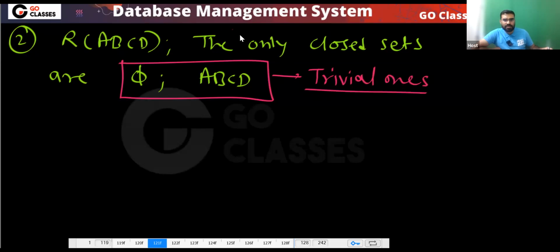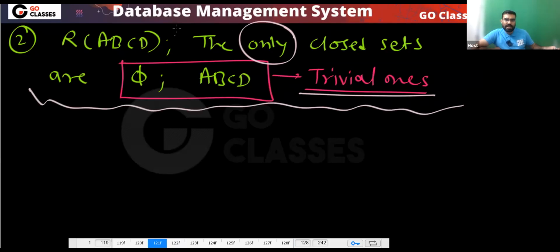We can infer something. The trivial ones will not give you any information. But who will give you the information? The sets which are not closed will give you the information.